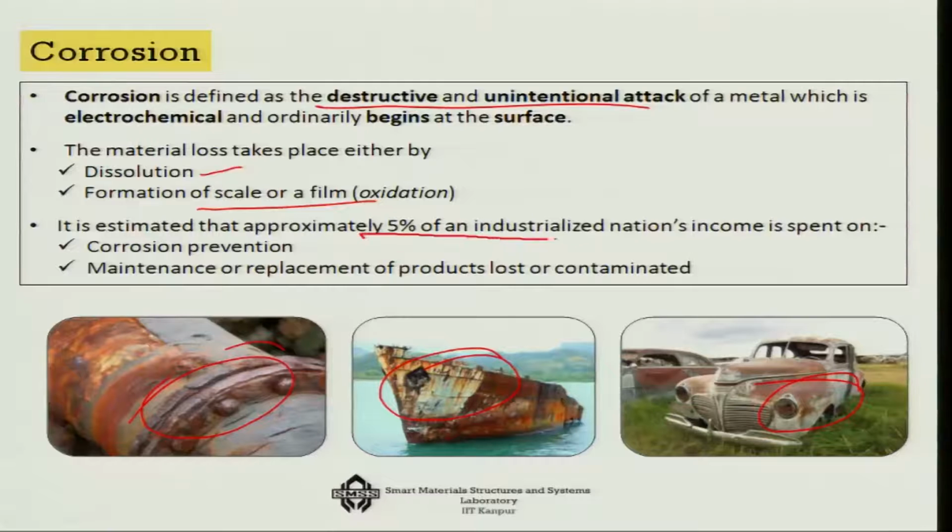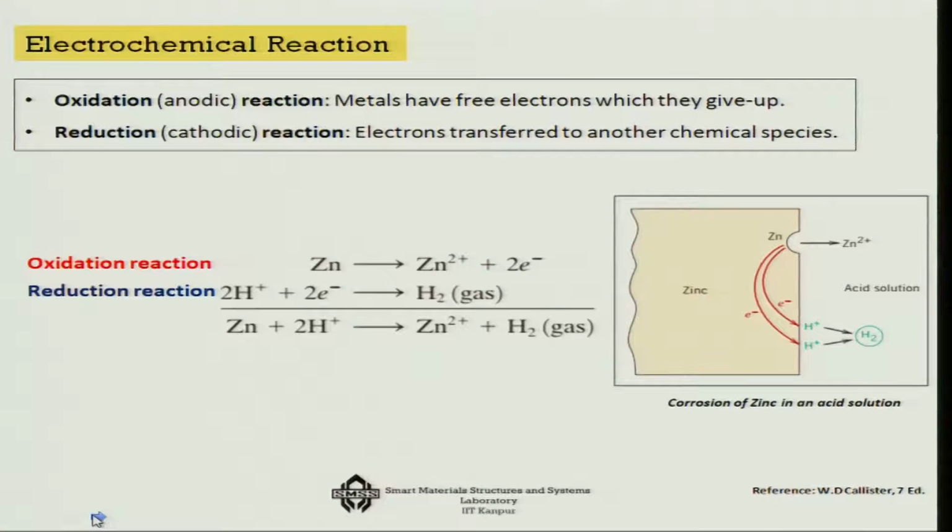There are various ways in which this takes place, and approximately 5%, even higher in some cases, of industrialized nations' income is generally spent on corrosion prevention, maintenance, etc. So, that means it is a big issue for various systems. Now, there are two parts of these kinds of chemical corrosion. One is the oxidation reaction or anodic reaction.